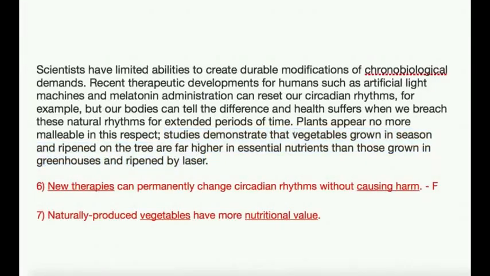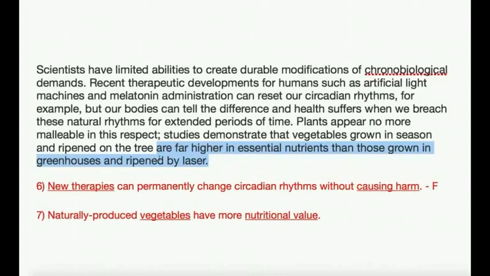So vegetables grown in season and ripened on the tree. So that's going to be naturally produced vegetables. Here it's saying they have more nutritional value. So it's saying vegetables grown and ripened on the tree, so naturally produced vegetables are far higher in essential nutrients than those grown in greenhouses and ripened by laser.